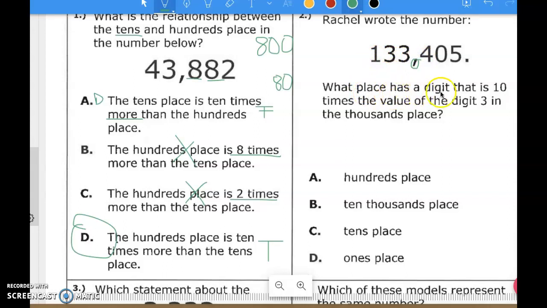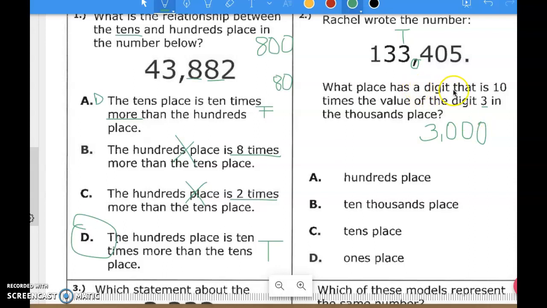What place has a digit that is 10 times the value of the digit 3 in the thousands place? Thousands place. This one. So the digit 3 in the thousands place, this is what it means, is 3,000.